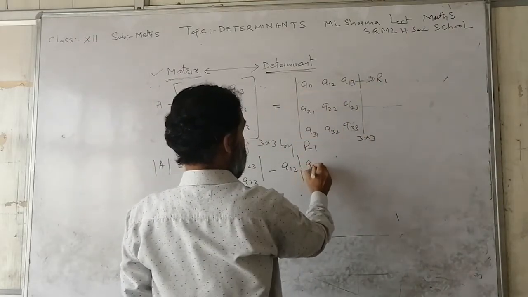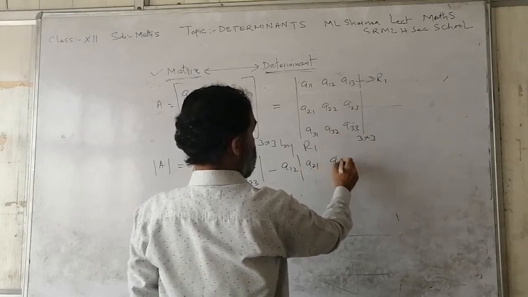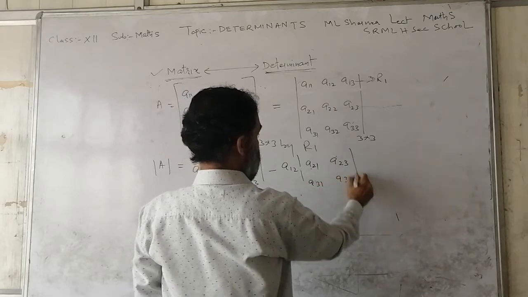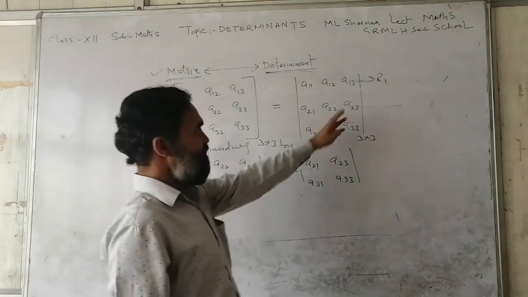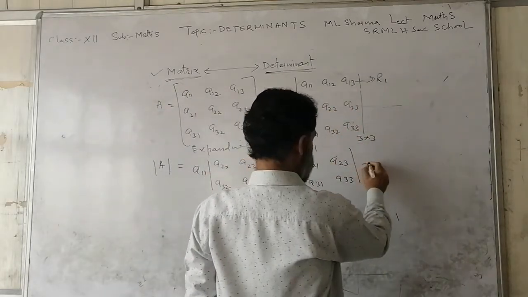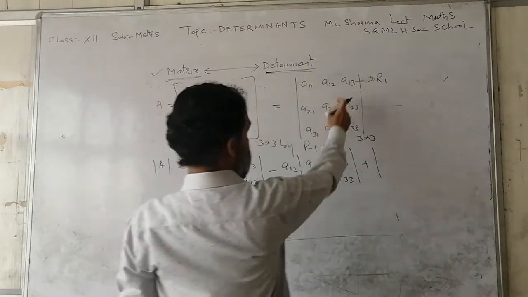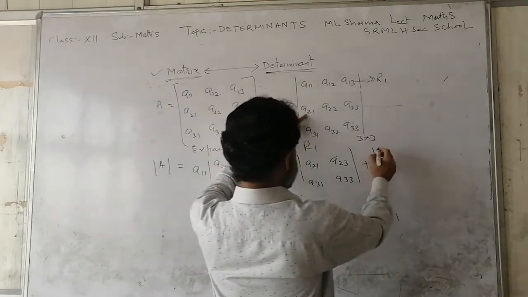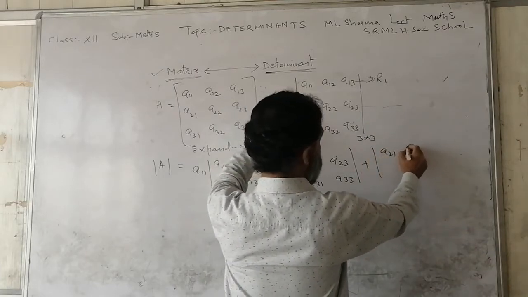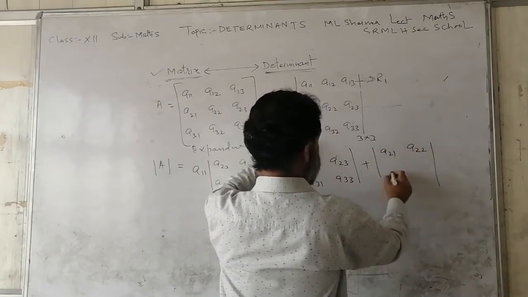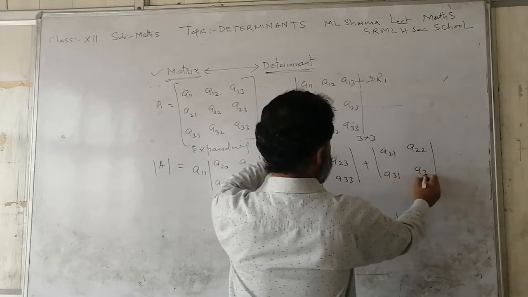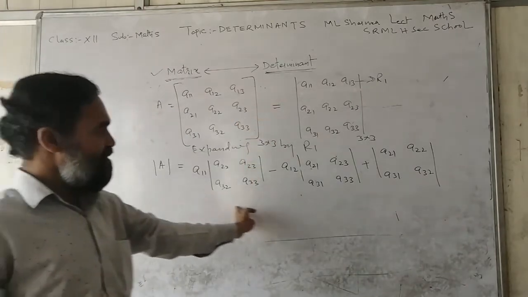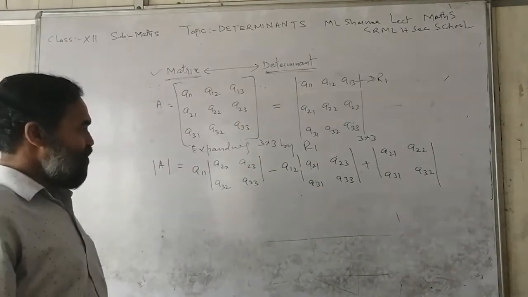I will be left with A21, A23, A31, A33, these elements. The last element of this row, I will use a plus sign here, and this row and this column are to be deleted. So I will be left with A21, A22, A31, A32. So this is how this determinant is expanded by use of row 1.